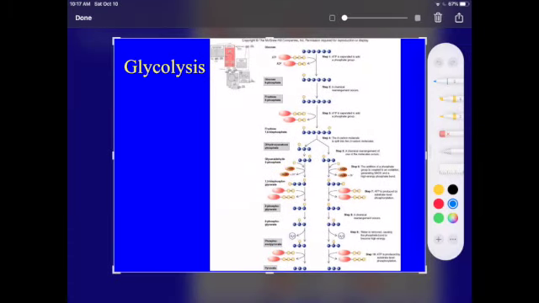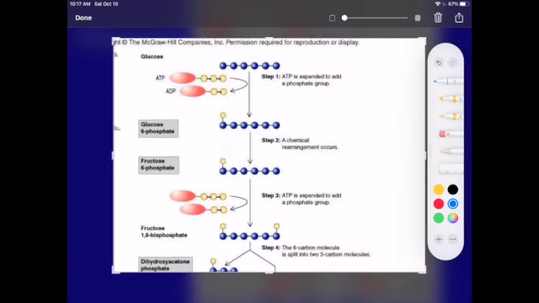All right, so this is C6H12O6 up here, and each of these little balls is a carbon atom.